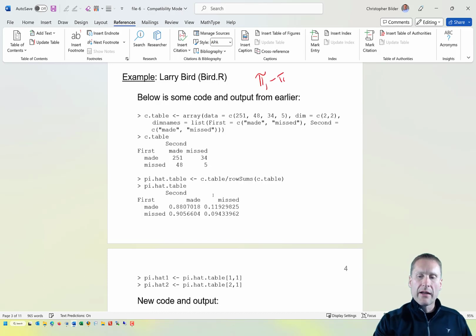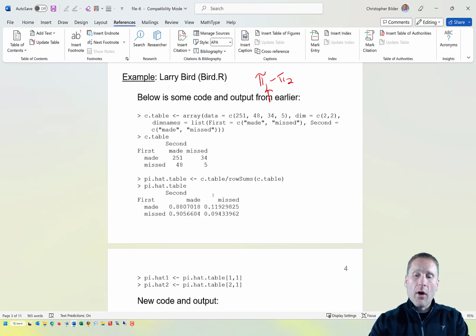Pi1 minus pi2 would be essentially the probability of success on that second free throw attempt, given that the first one was made. Let me restate that. We're interested in the probability of success on that second attempt, where we have two groupings.